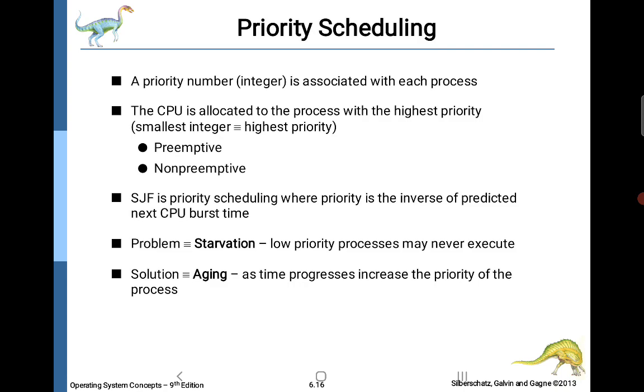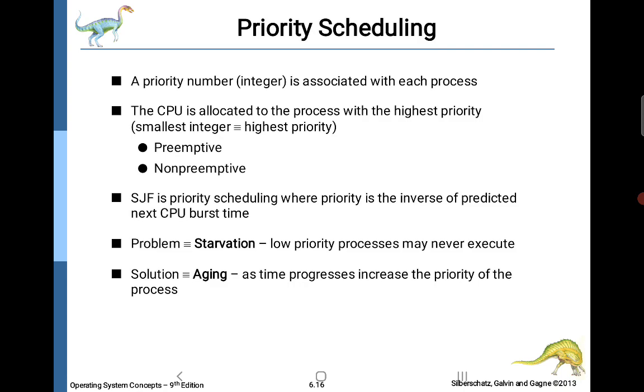In the non-preemptive version, if a process was in the CPU and a process of a higher priority arrived in the ready queue, the process will continue execution until it finishes. In the preemptive version, the process in the CPU will be forced out and the one with the higher priority will be allowed in.